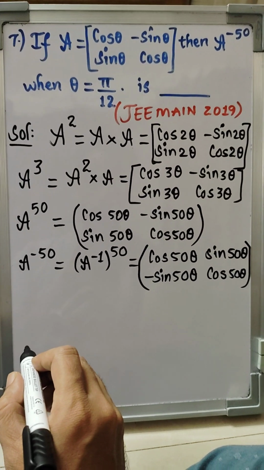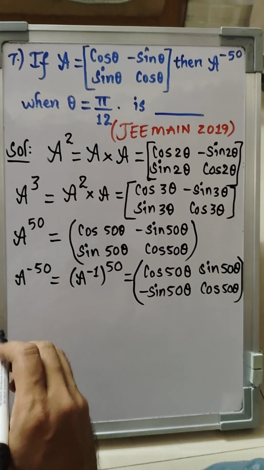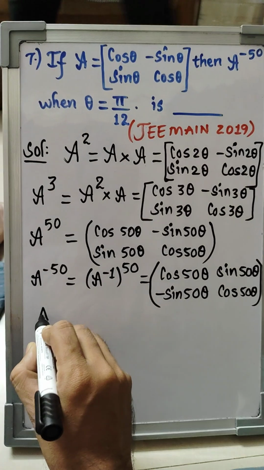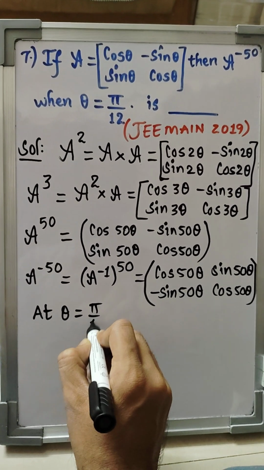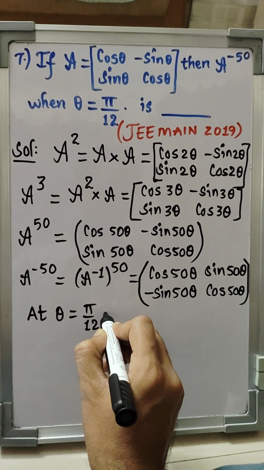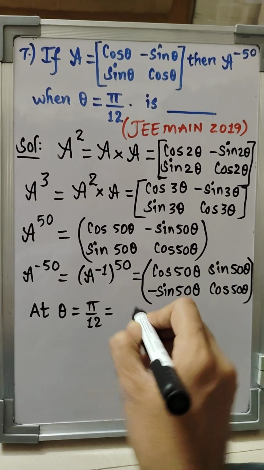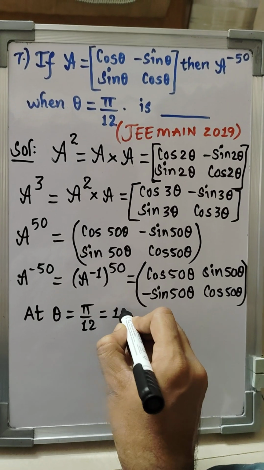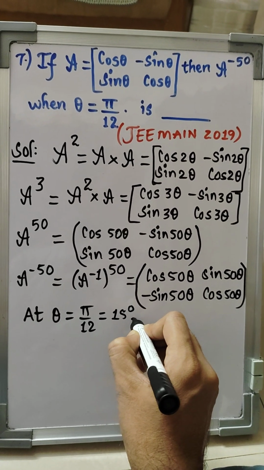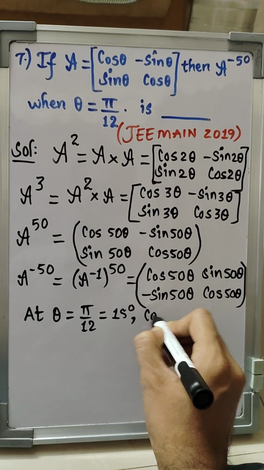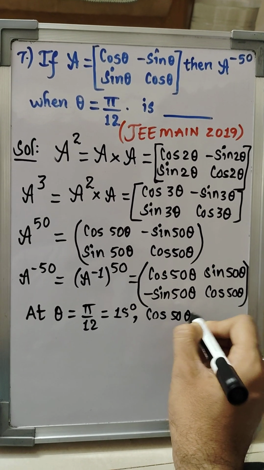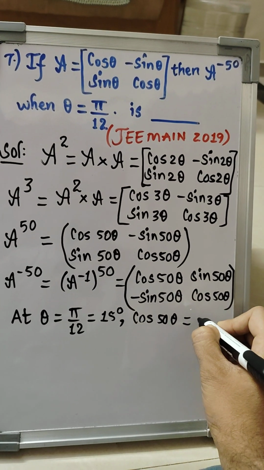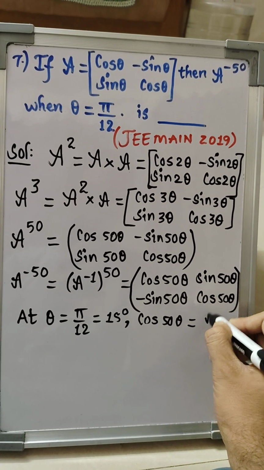So here, when theta is equal to pi by 12, which is equal to 15 degrees, cos 50 theta value becomes root 3 by 2.